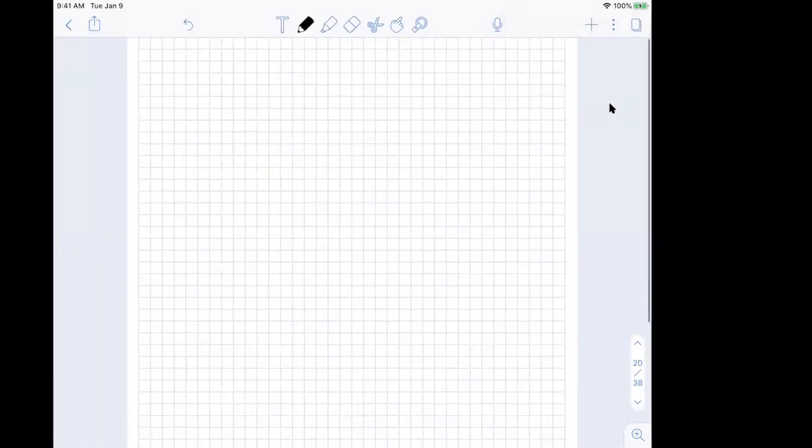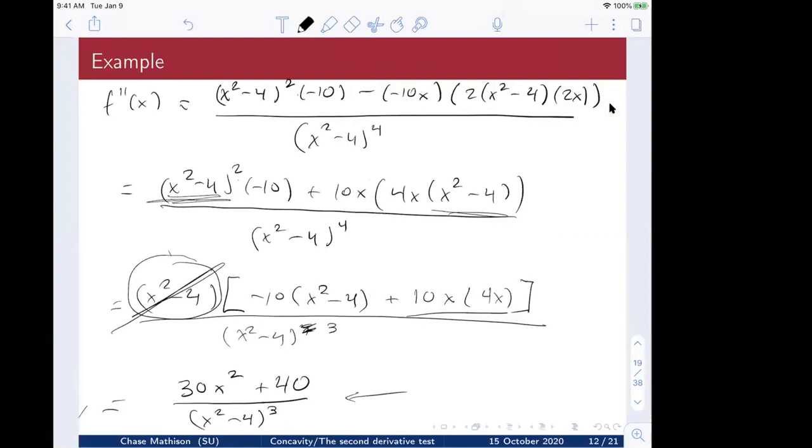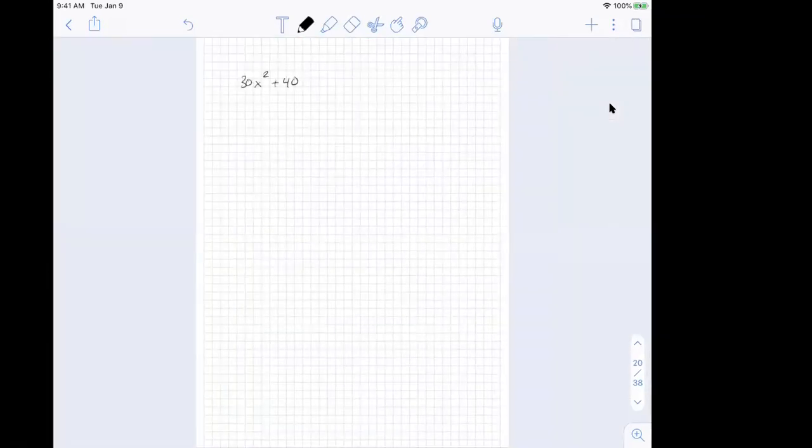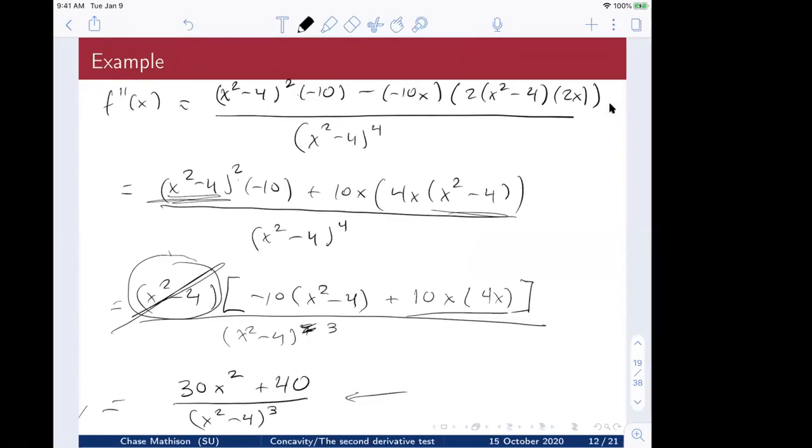So f double prime is 30x squared plus 40, divided by (x squared minus 4) to the 3rd. Okay. Does this have any place where it's equal to 0?